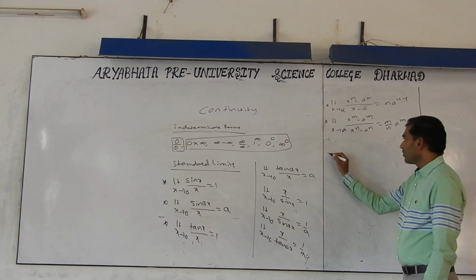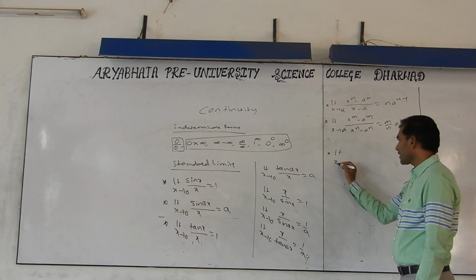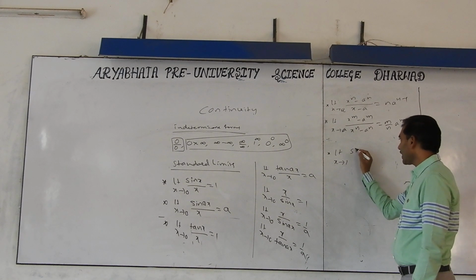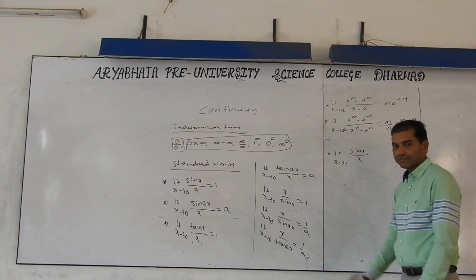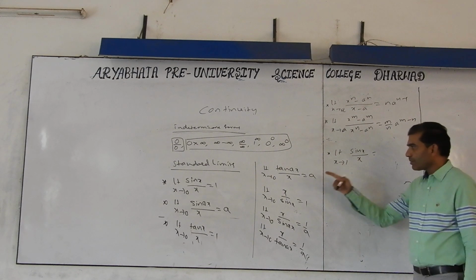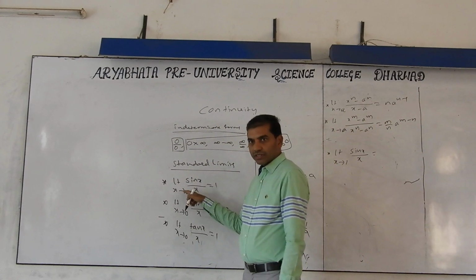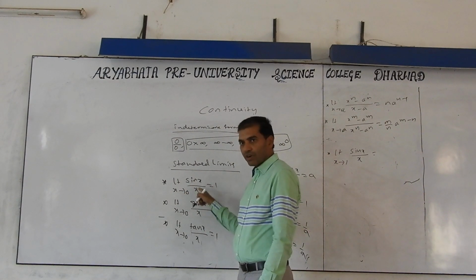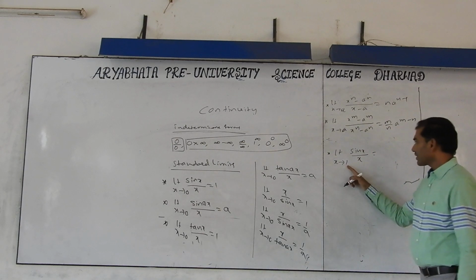What is the value of limit x tends to 1 sin x by x? Tell me. Is it a standard formula? No. x tends to 0 means 0 by 0 form, but here x tends to 1.